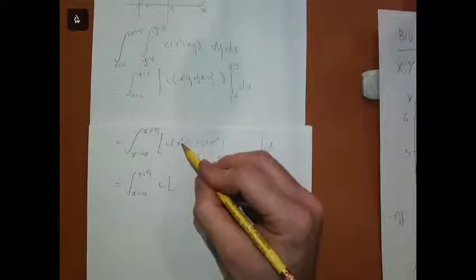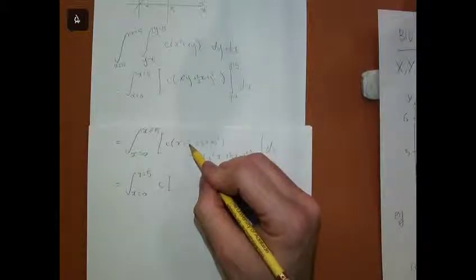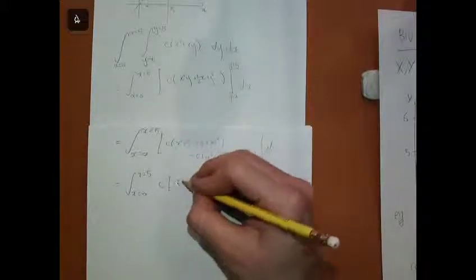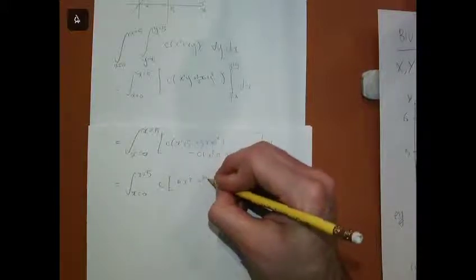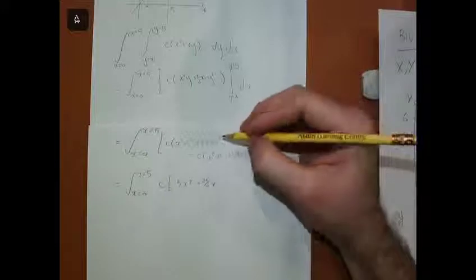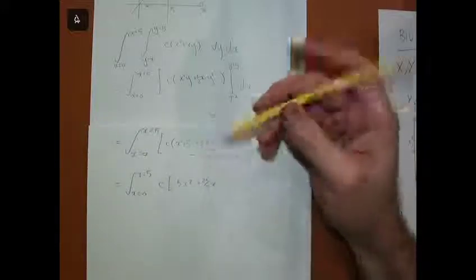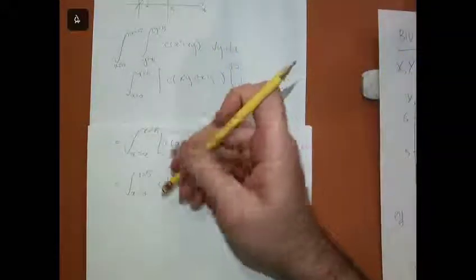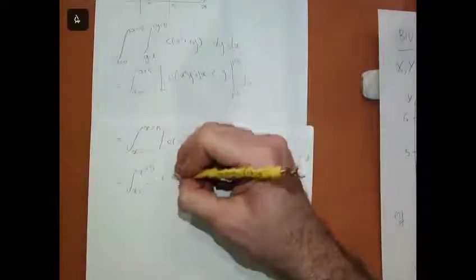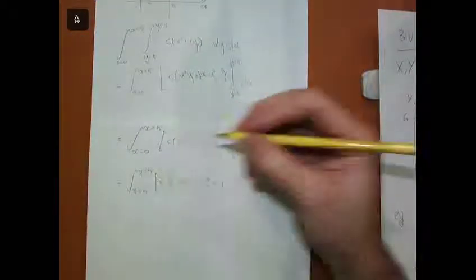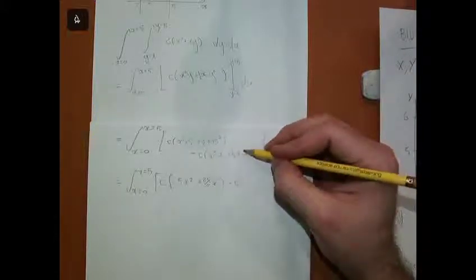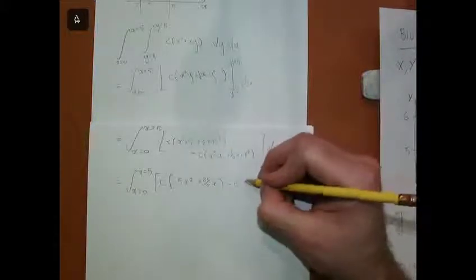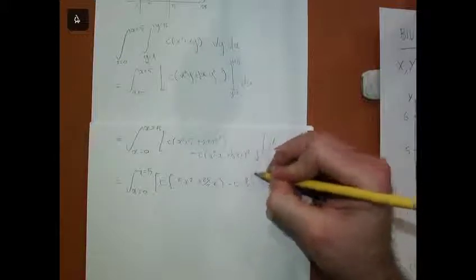And then here I've got 5x squared and 25 on 2x. And here, you know what, I might move that c out later because I'm going to get distracted. And this is x cubed and a half of x cubed, so that's 3 halves of x cubed.